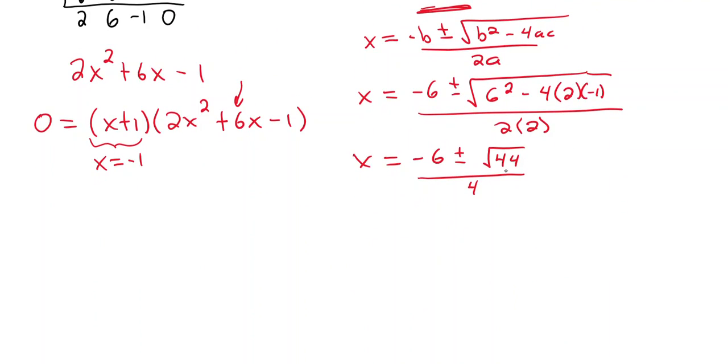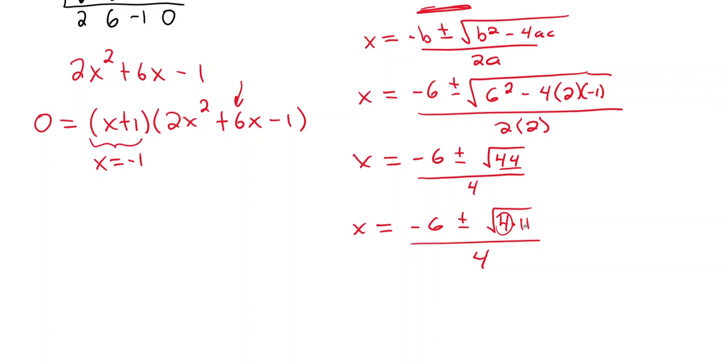Now we want to simplify this radical down as much as we can, right? So we can split this radical up as 11 times 4. So this would be x is equal to -6 plus or minus the square root of 4 times 11, all over 4. Now I know the square root of 4, right?